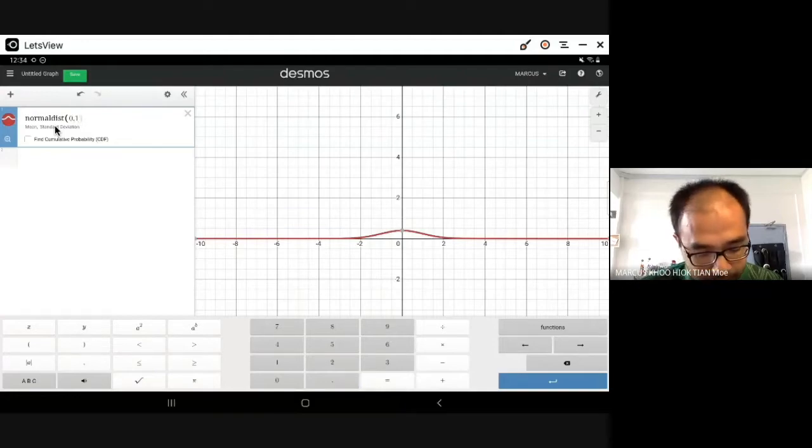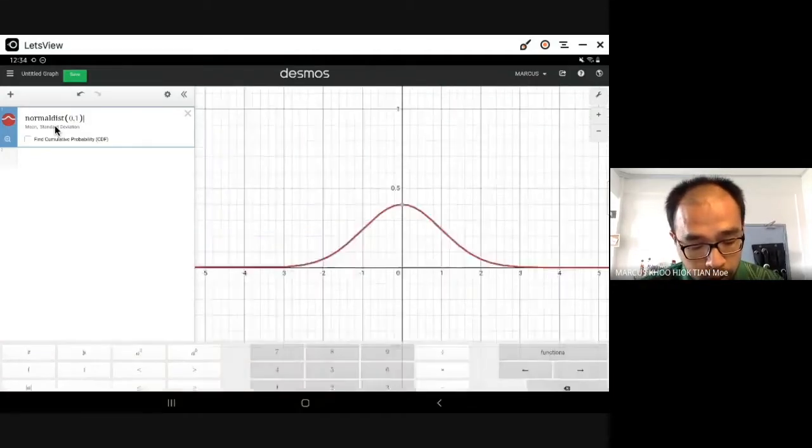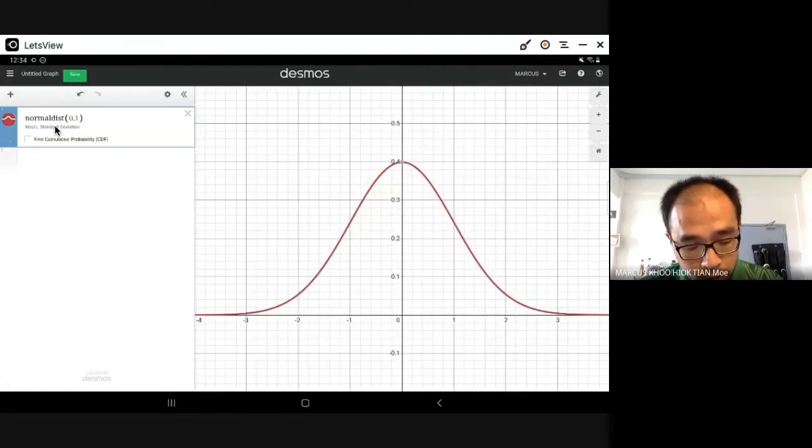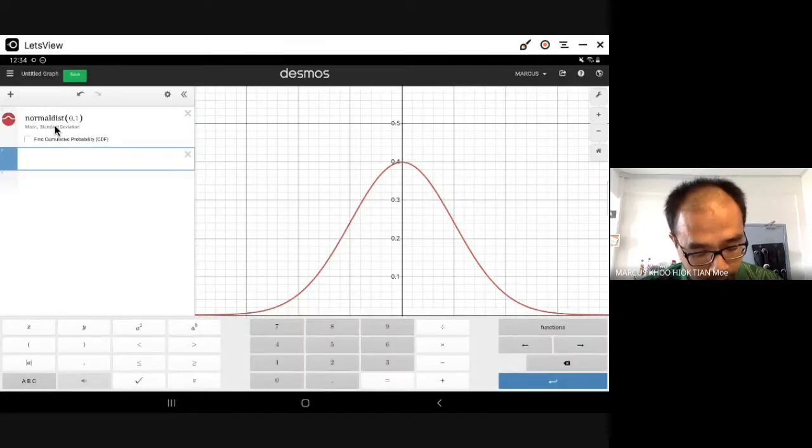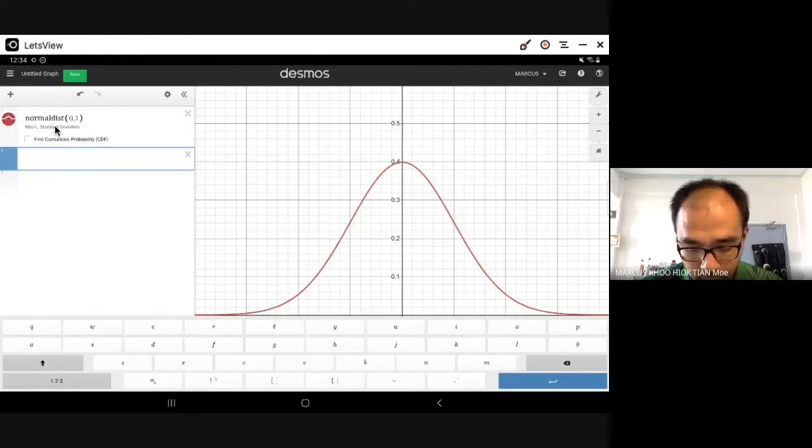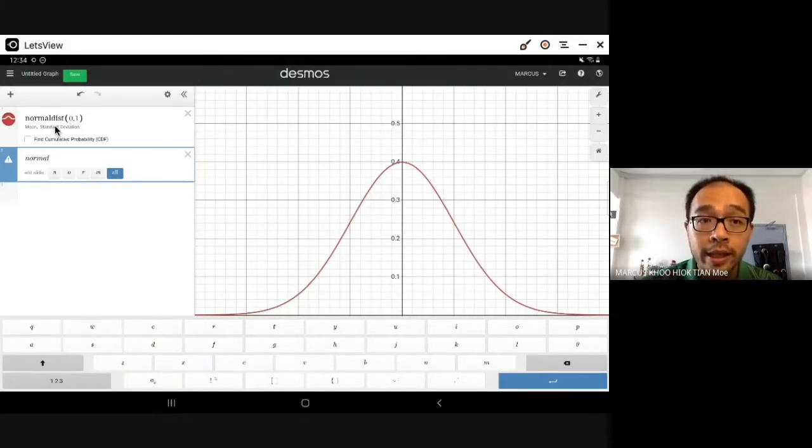Okay, but at the same time, we also want to have a reference for if the normal distribution uses a different mean or a non-standardized mean lah.